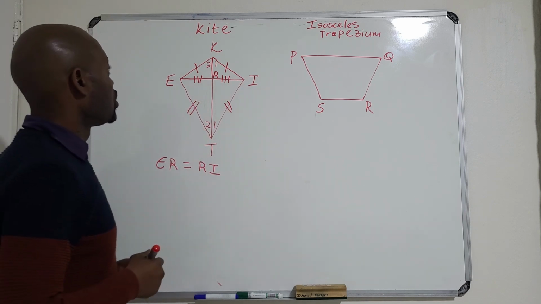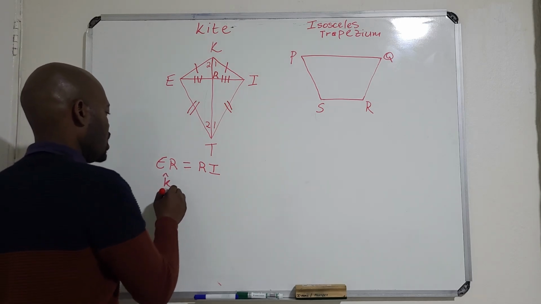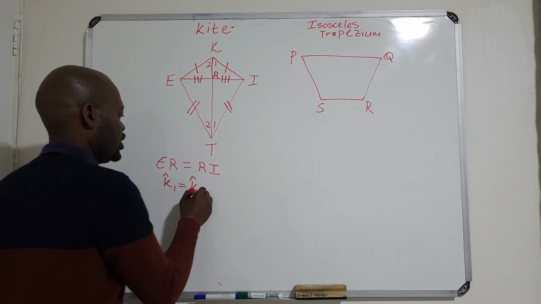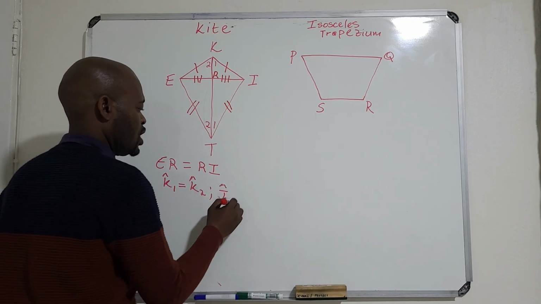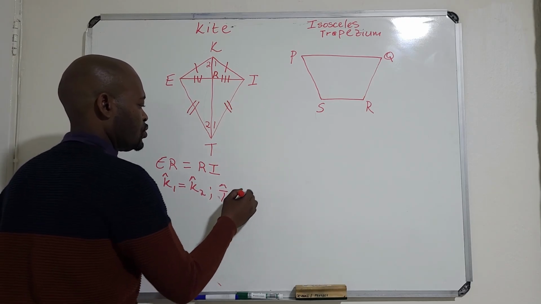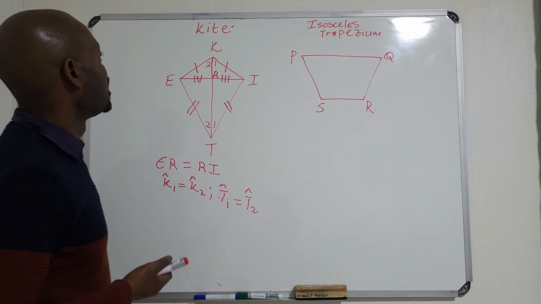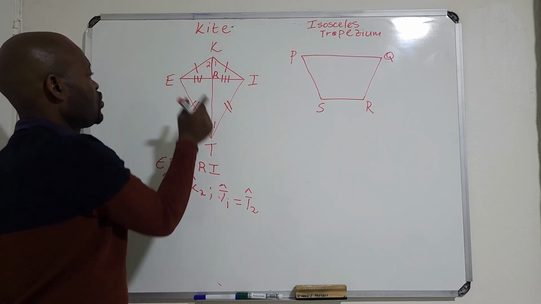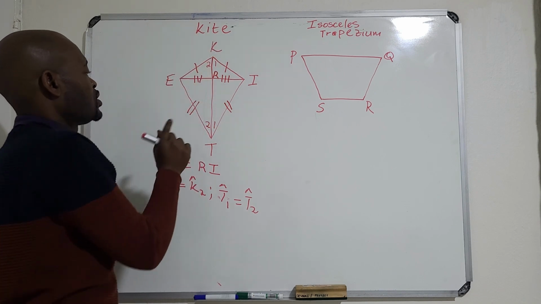Also, in a kite, angle K1 is equal to angle K2, and angle T1 is equal to angle T2. Therefore, the properties of a kite are that the adjacent sides must be equal. This side is equal to that. This side is also equal to that.